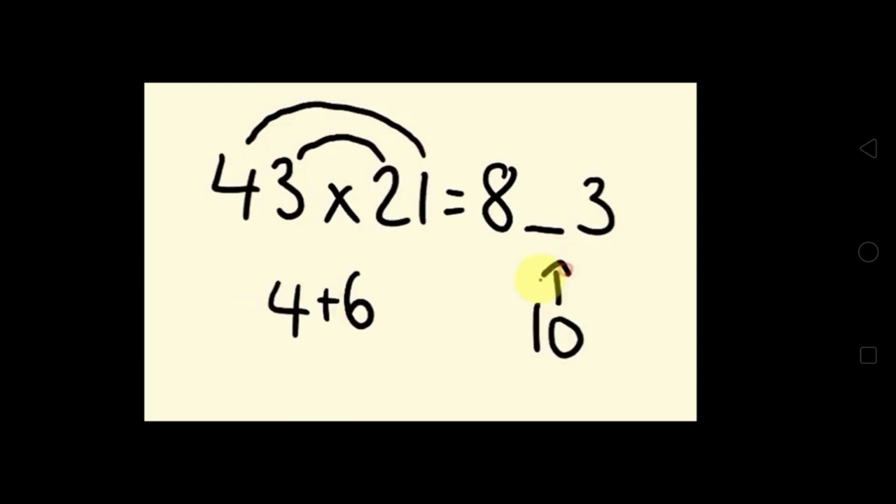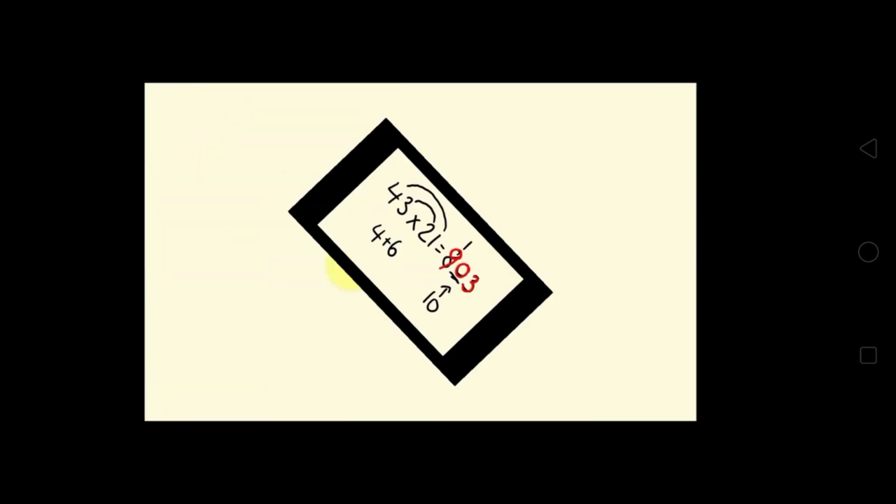So 1 times 4 is 4, and then 2 times 3 is 6. 4 plus 6 is 10. So how are we going to write it at the middle number? So we write first the 0 and then carry 1. Then 1 plus 8, we got 9. So the final answer is 903. So ganun lang kadali.